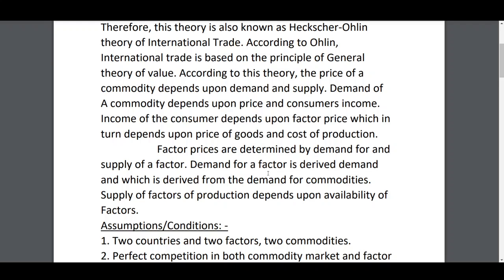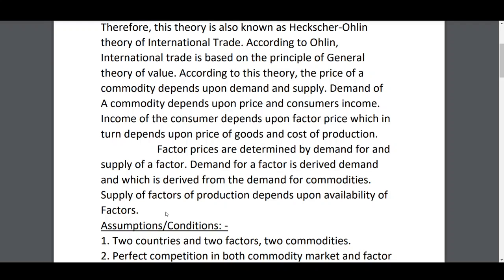Demand for a factor is a derived demand, and it is derived from where? The demand for commodities. And supply of factors depends upon the availability of factors.